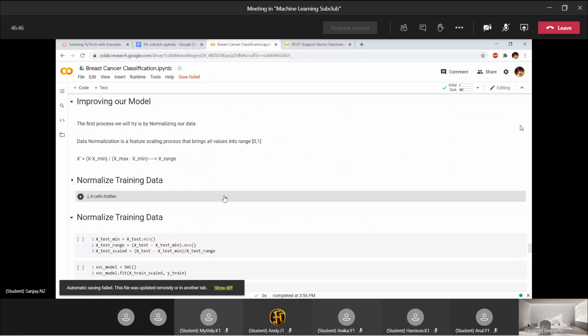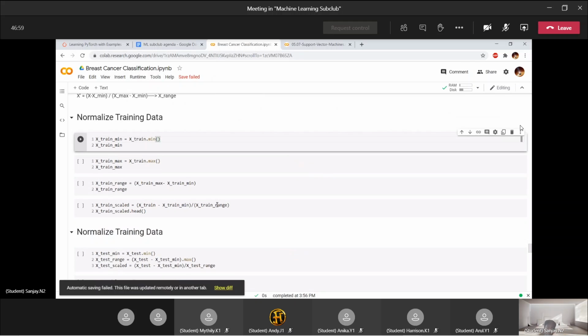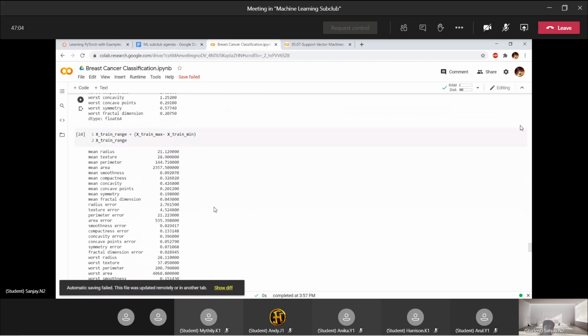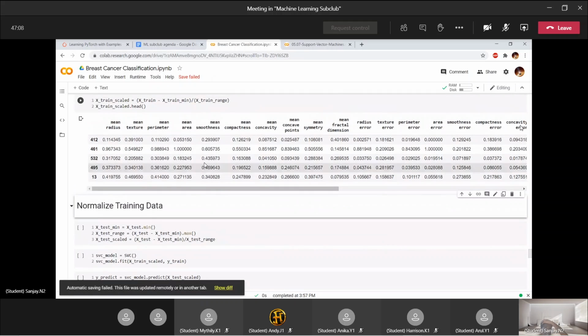Basically, normalization brings all the values into a specified range. This allows the algorithm to classify better because all the data from all the different variables are in the same range. If we run these cells, we can see that now all the values are normalized between 0 and 1.